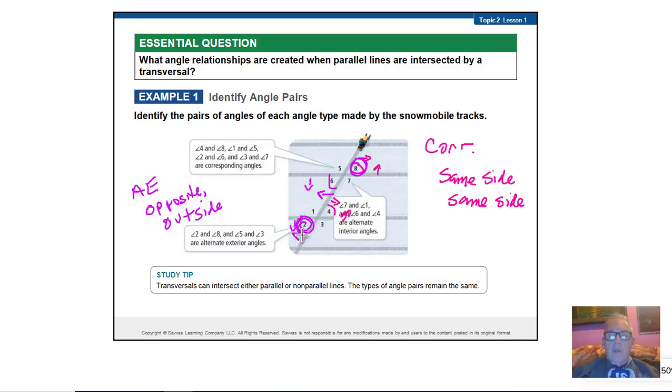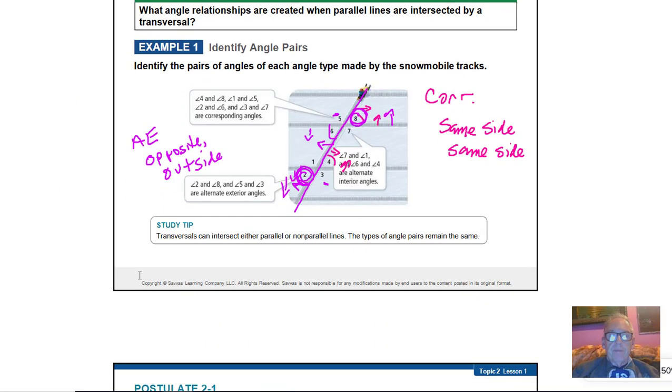So if we look at 2 and 8, they're both on opposite sides of the transversal line, which is this line that cuts down through here, and they're outside the parallel lines. 5 and 3 would also be a pair of alternate exterior angles.